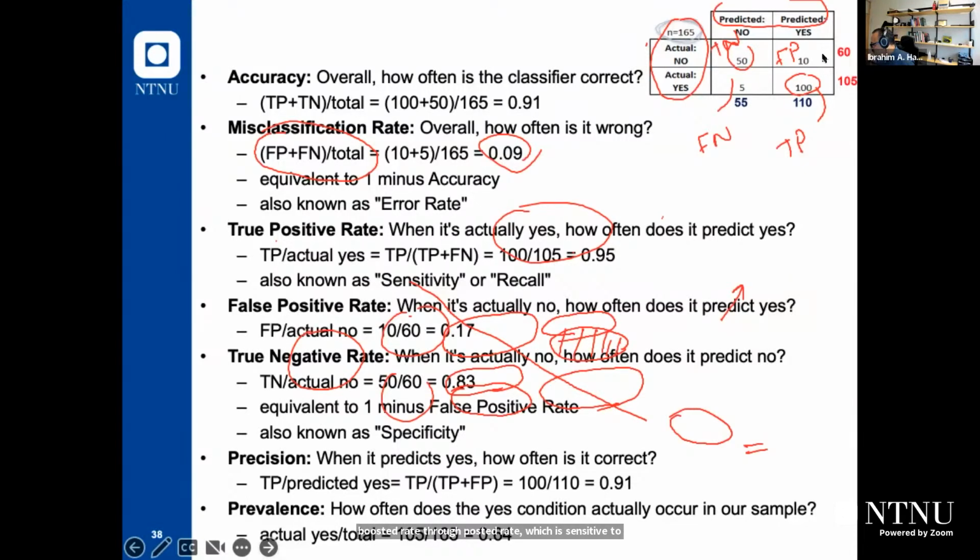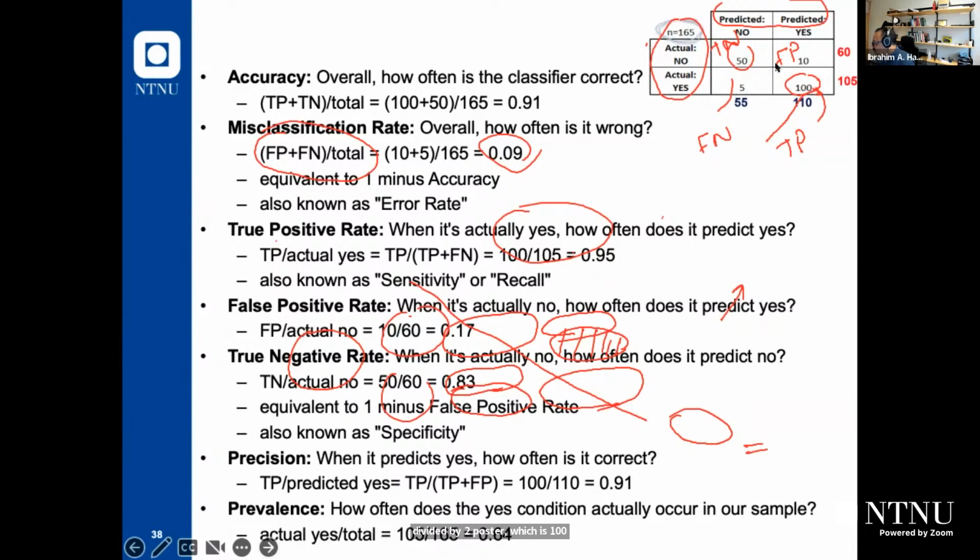So it will be 100 divided by 105. It's the true positive, which is this number, 100, divided by true positive, 100, plus false negative.